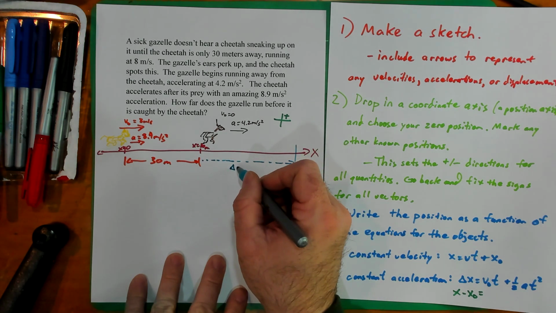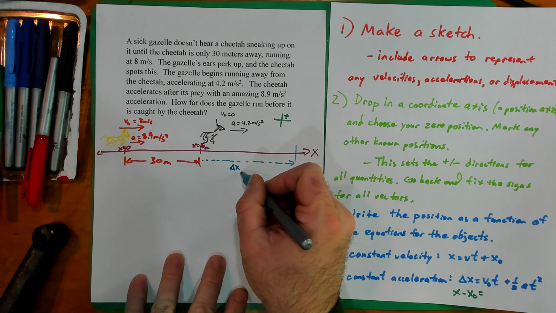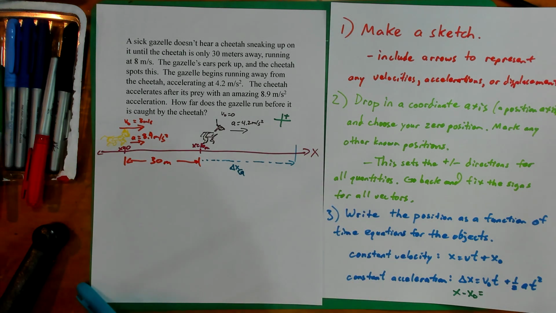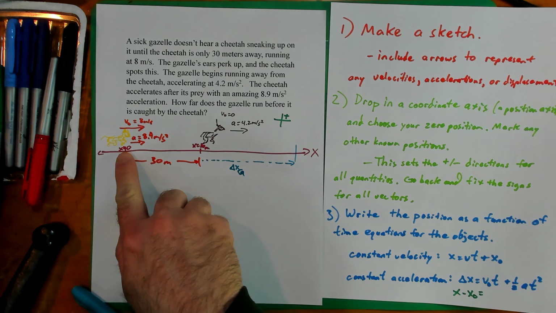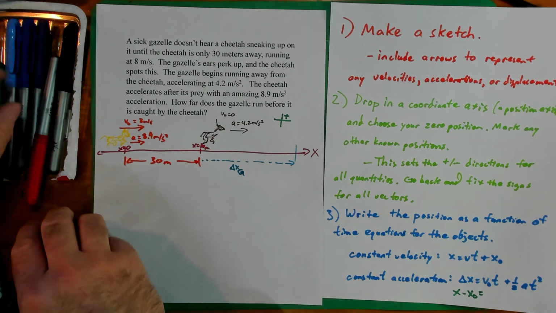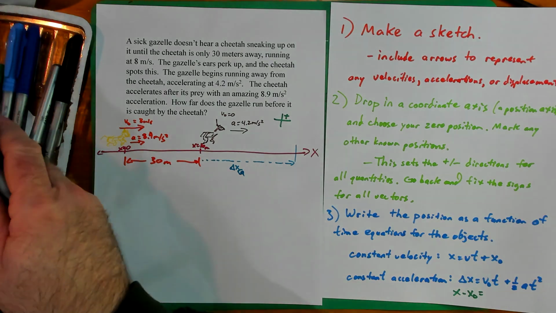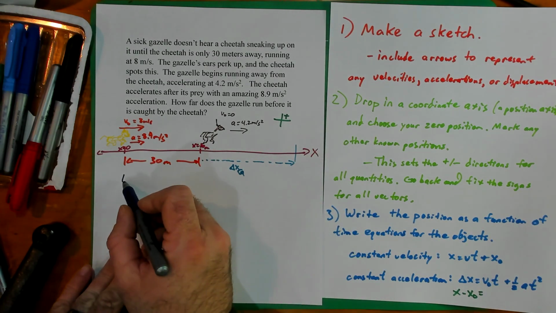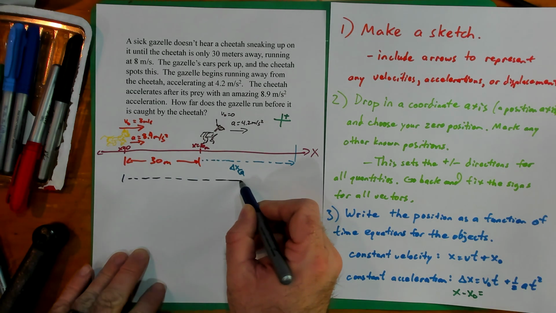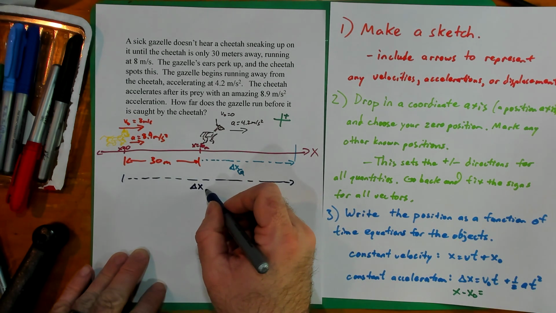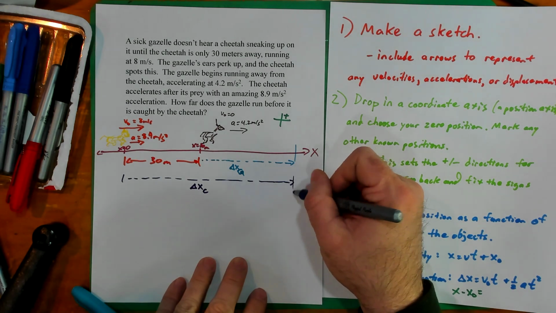That's the displacement for the gazelle. On the other hand, the cheetah is going to start back here and it's going to catch the gazelle there. So that whole thing, that's the displacement for the cheetah, to get to that line.